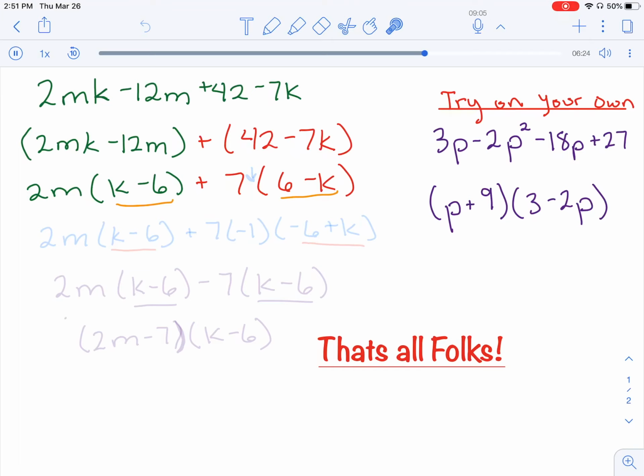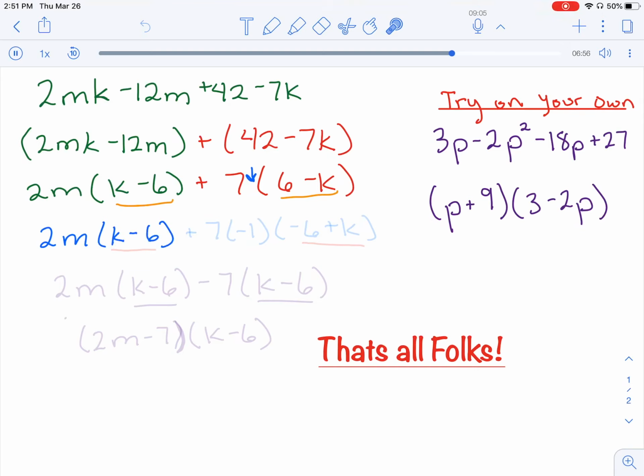So what I'm going to do here is multiply by -1. And so when I multiply, or if I factor out a -1, what that ends up doing is changing the sign of whatever's on the inside of the parentheses. So for the front, it stays the same. I have 2m times k minus 6.